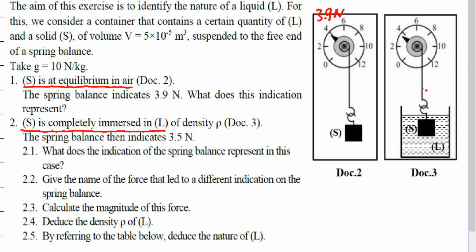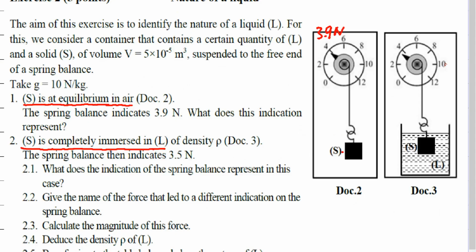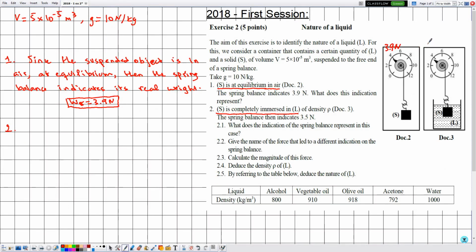As we can notice that S is completely immersed in L, the spring balance then indicates 3.5 newtons. So previously, when the solid S was attached to the spring at equilibrium in air, the spring balance indicated 3.9 newtons. When the solid S is immersed in L, the indication of the spring balance changed to 3.5 newtons.